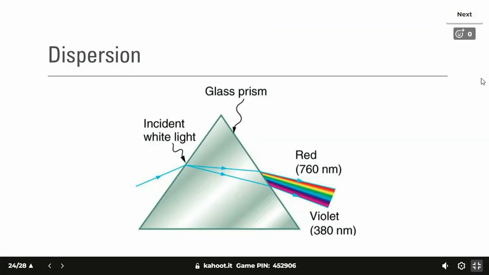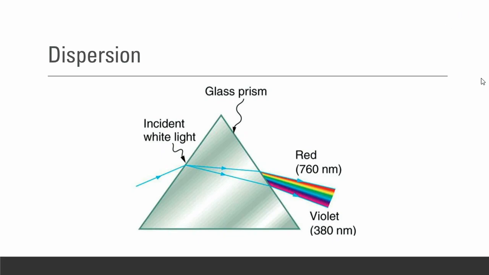There's some other interesting things that you can do with, say, a piece of glass interacting with light. One of those is dispersion. If I take a prism and I shine white light into the prism on one side, on the other side I can get a rainbow of colors coming out.